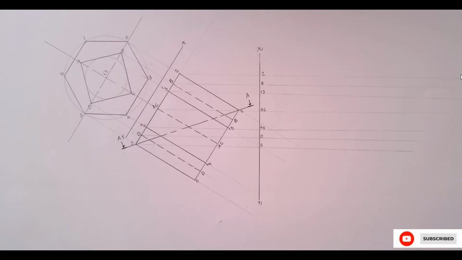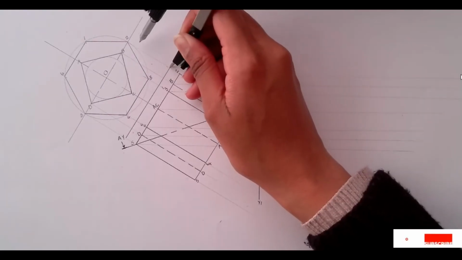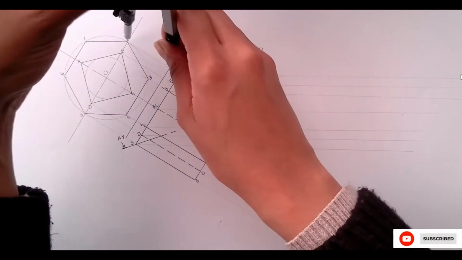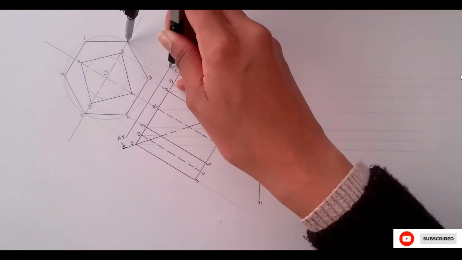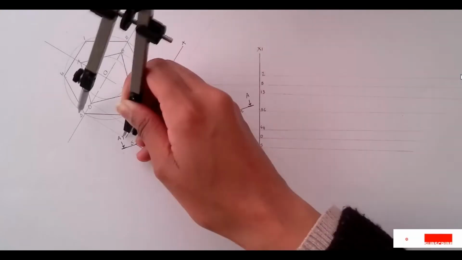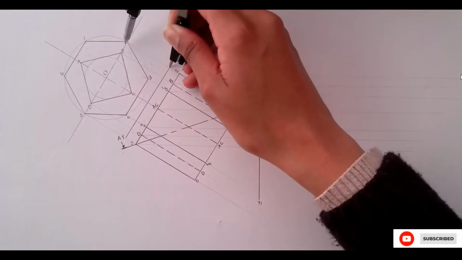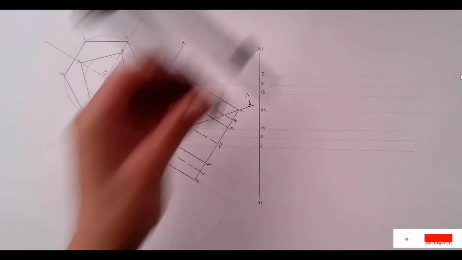So you're going to trace your points from the auxiliary view to the side. So I have my 2. And you can see 2 and 5, they are the same distance.